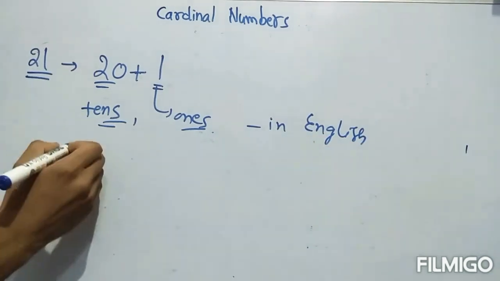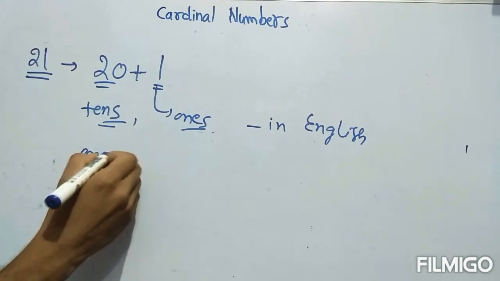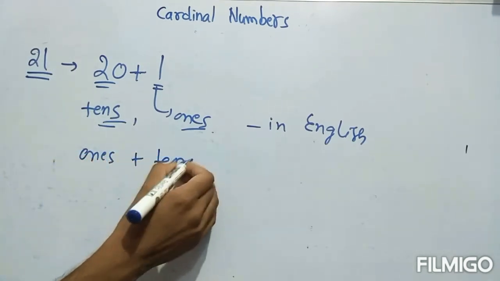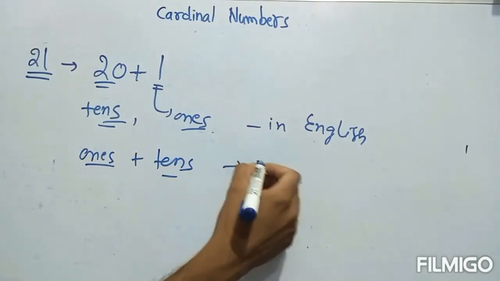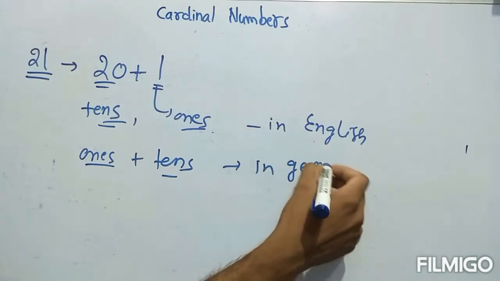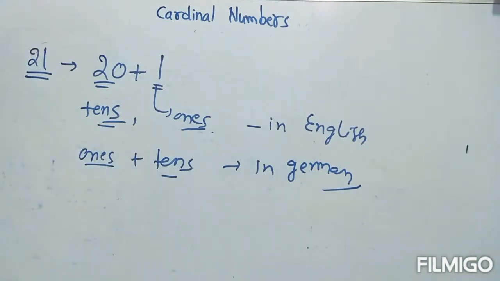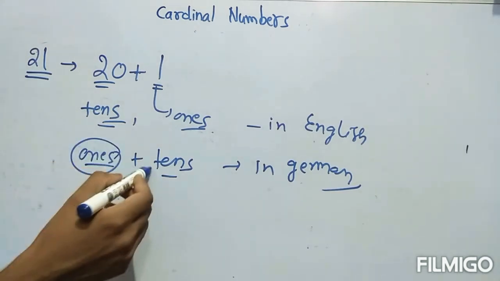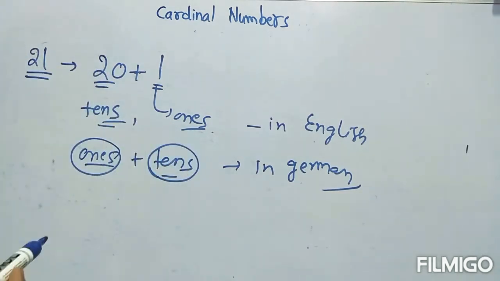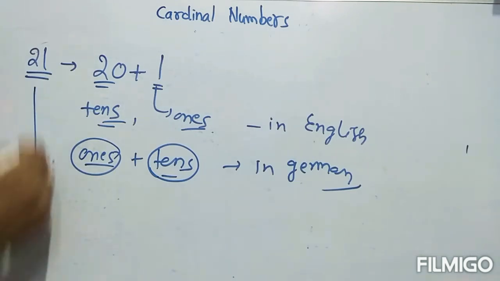But in German it is just the opposite: ones plus tens. This means that we have to write ones first, then we have to write tens.